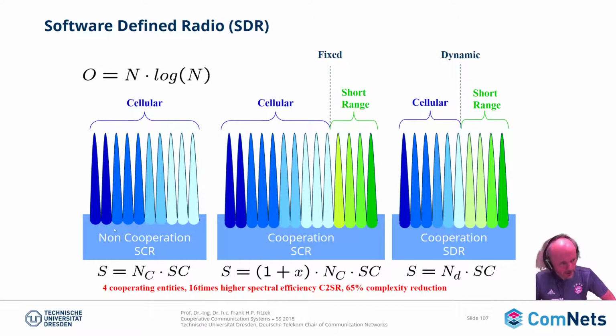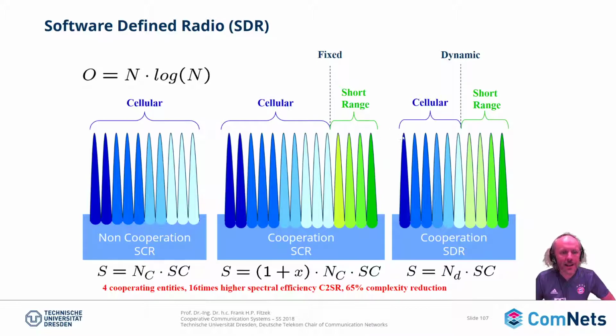If you have a certain number of subcarriers here, the complexity is nothing else than n log n, where n is the number of subcarriers. This is if you're only cellular. If you just say I am cellular plus I have some short-range subcarriers more for my short-range communication, and I have it orthogonal to each other, then you see the complexity will even increase.